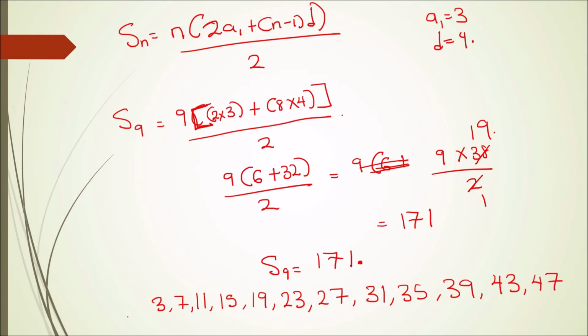So you can count: 1, 2, 3, 4, 5, 6, 7, 8, 9.